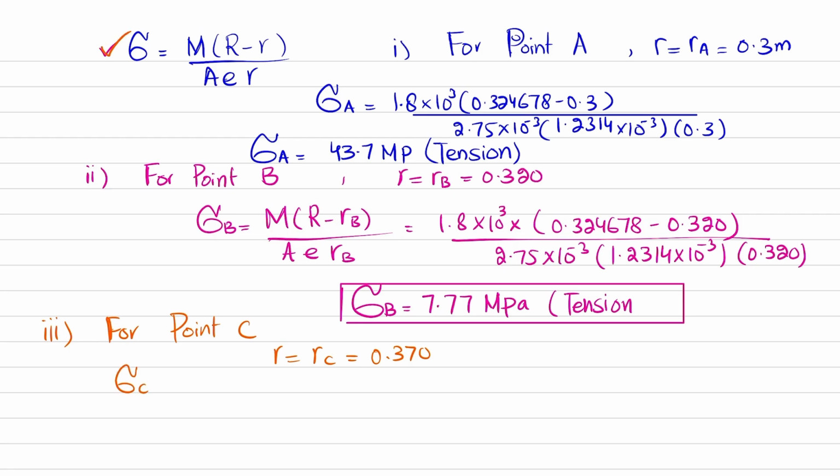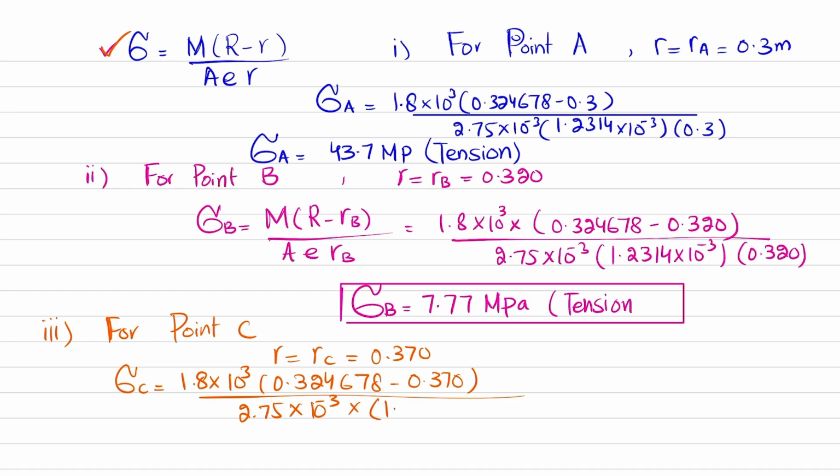So sigma C will be equal to M, which is 1.8 into 10 raised to power 3, multiplied by capital R, which is 0.324678, minus RC, which is 0.370, divided by area, which is 2.75 into 10 raised to power minus 3, multiplied by E, which is 1.2314 into 10 raised to power minus 3, multiplied by 0.370.